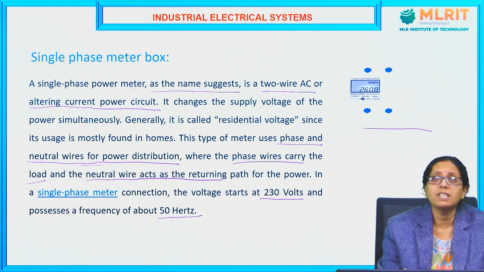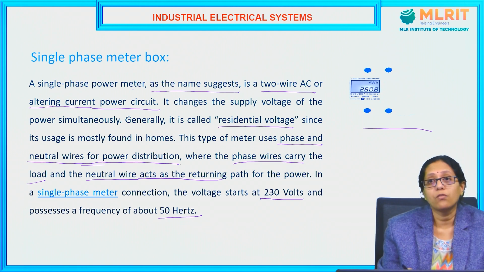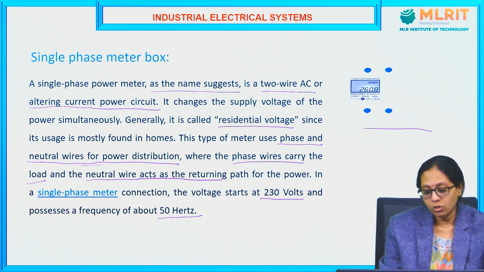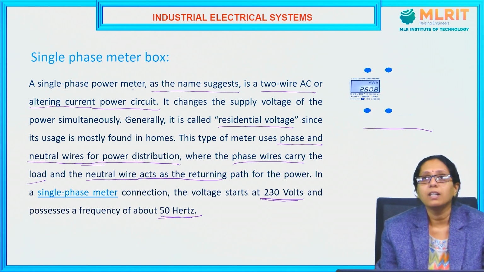It changes the supply voltage of the power simultaneously. Generally, it is used in residential applications, with a voltage of 230 volts and a frequency of 50 Hz.